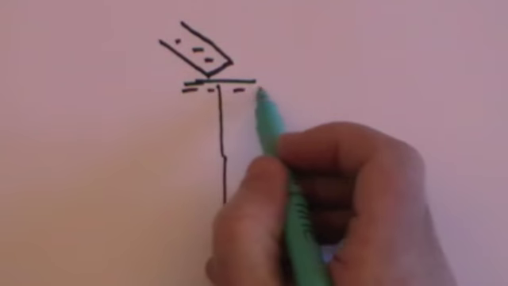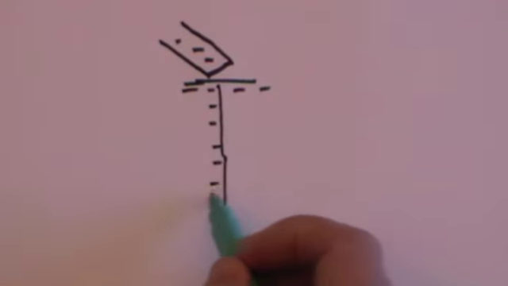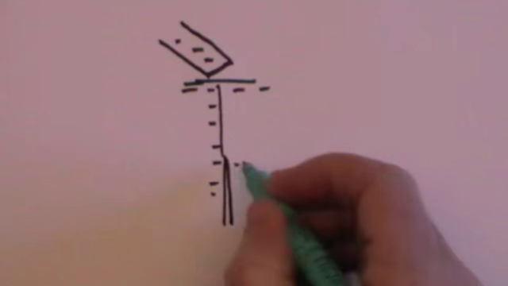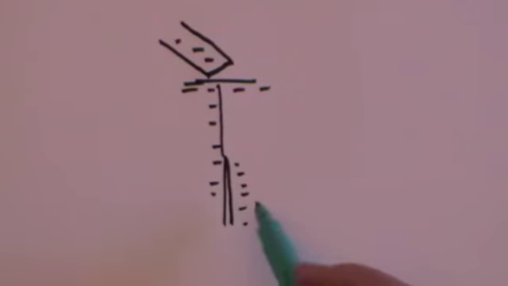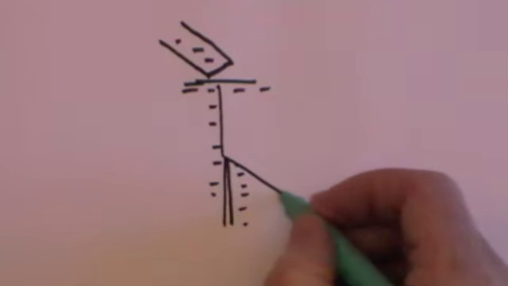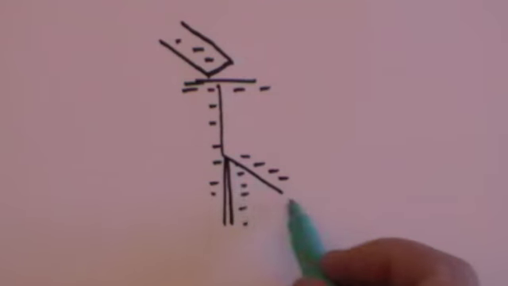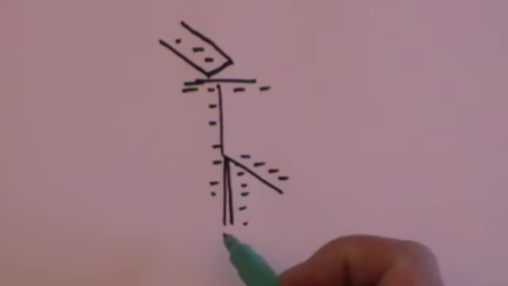So the electrons now will flow from the rod onto the electroscope and onto the gold leaf. And of course what that will do is to cause the gold leaf to move away, because the negative charges on the gold leaf will repel the negative charges on the base of the rod.